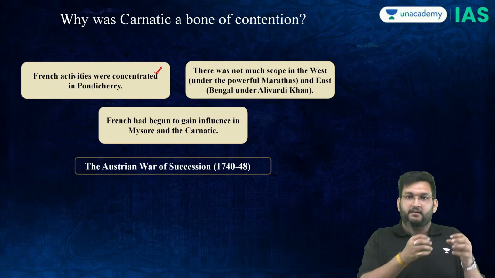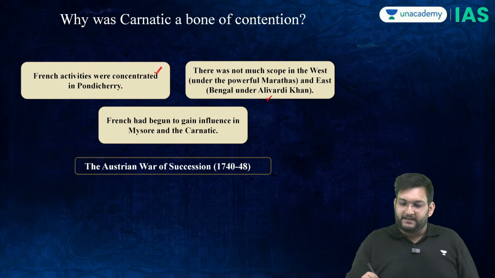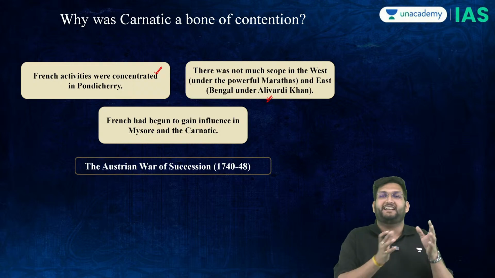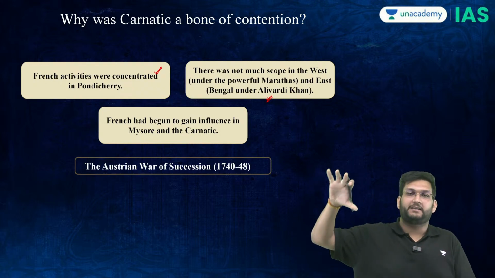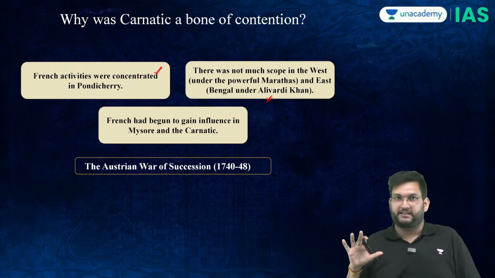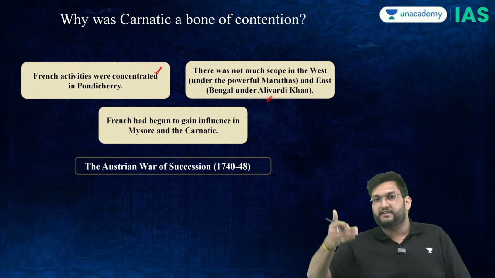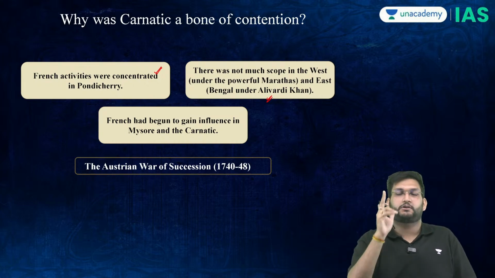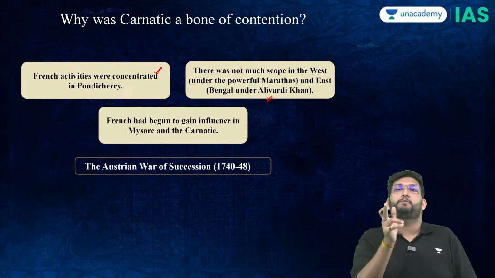Their proximity near Madras and Pondicherry makes it quite inevitable. And because the English can't challenge the Marathas, cannot expand under Alivardi Khan in the Bengal sector itself, it is very clear that it was the Carnatic sector where it was going to manifest itself as a conflict. This is a very important point you have to understand. The conflict was going to manifest itself in Carnatic because of the proximity.